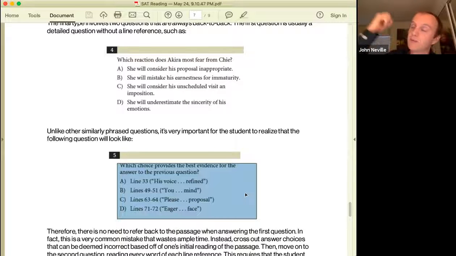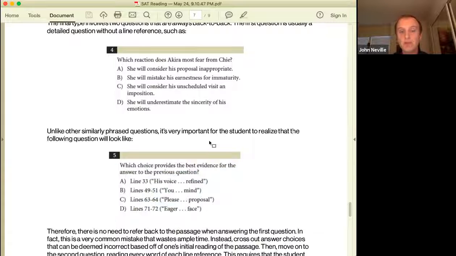So I referred back to the passage. I spent all this time looking at it and analyzing it and realizing, oh, this is a really tough question. And then sure enough, I flipped the page and there I realized I just made a big mistake because I didn't treat this like it was a command of evidence pair. Okay, so do make sure that you are checking whether the next question makes you realize that these two questions are a command of evidence pair.